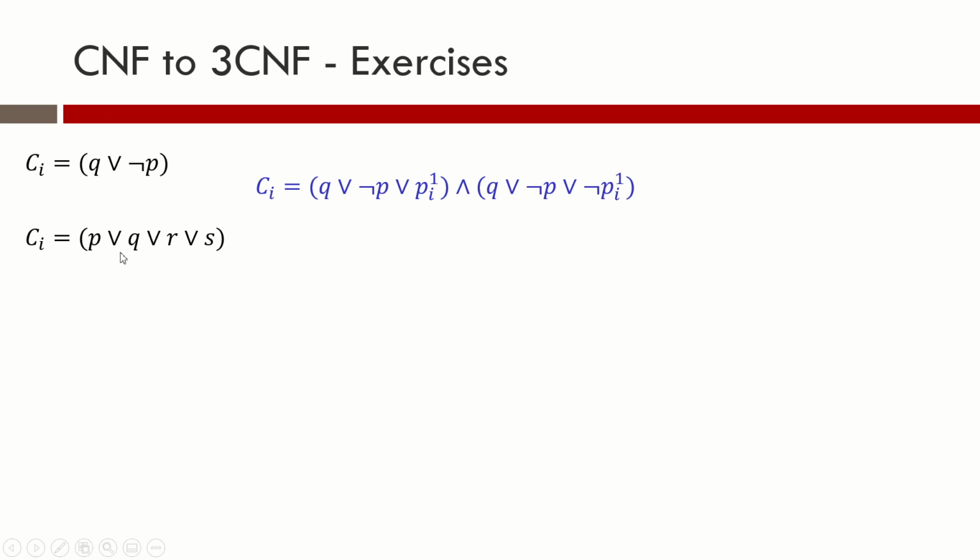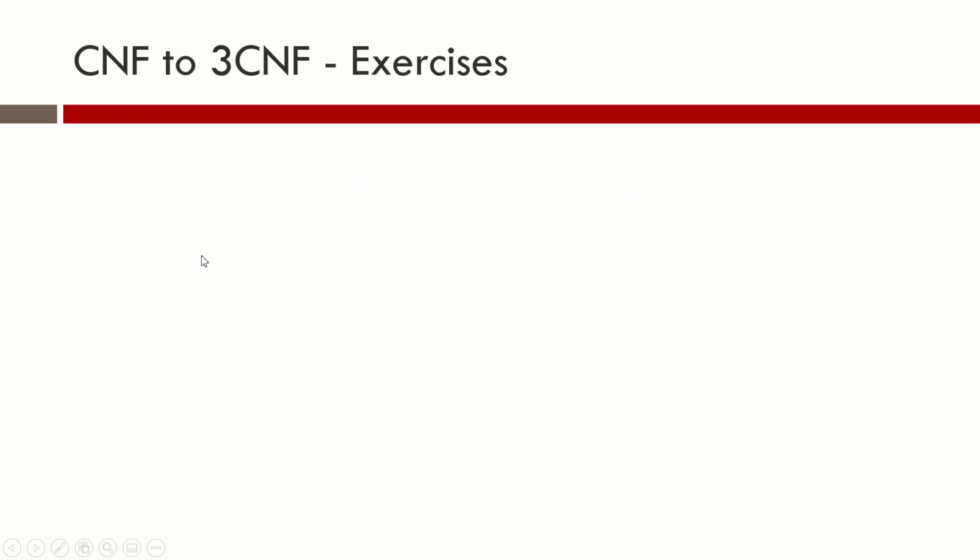Now the next case is here. The number of literals here is 4, that is, your Ni value is 4. If Ni value is 4, the number of new atoms that need to be added is Ni minus 3, that is 4 minus 3, that is 1. You need to add one new atom, which is Pi1. And we will transform this formula as P or Q or Pi1 and negation Pi1 or R or S. That is how we need to do it.